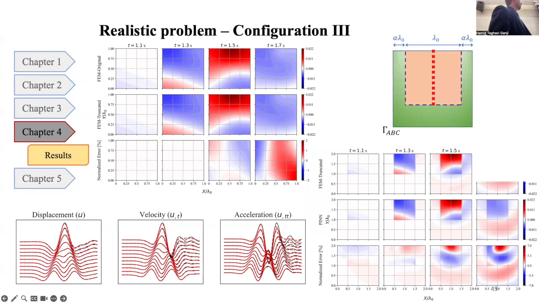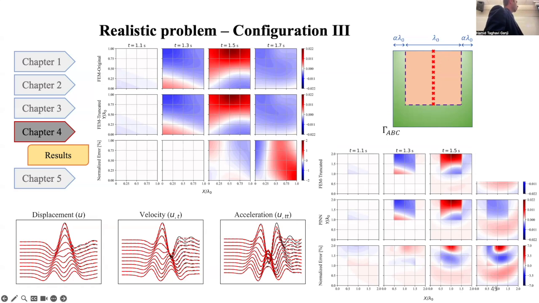Then we considered 11 points at the center of the basin at different depths or heights, and we plotted the displacement, velocity, and acceleration, similar to what we did for our 1D problem setting. And again, we see that the PIN is predicting the responses with very good accuracy.